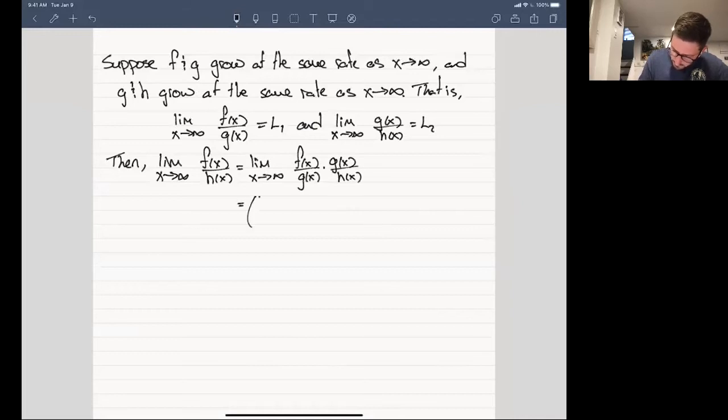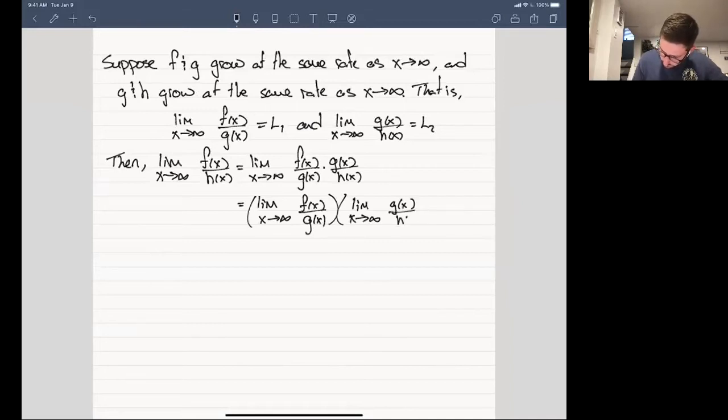And if I want to, I can break up the limit here. So I get the piece that's equal to L1 and the piece that's equal to L2, which is equal to L1 times L2. So this shows that f and h grow at the same rate too.